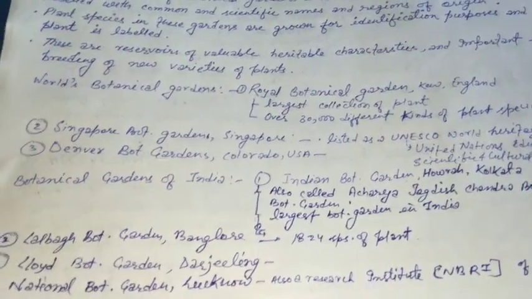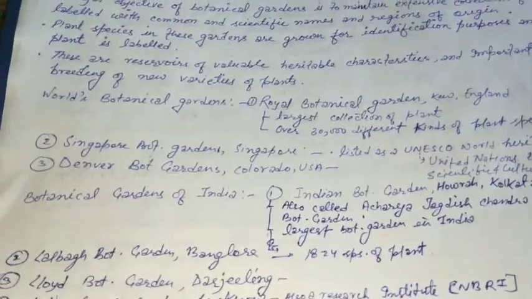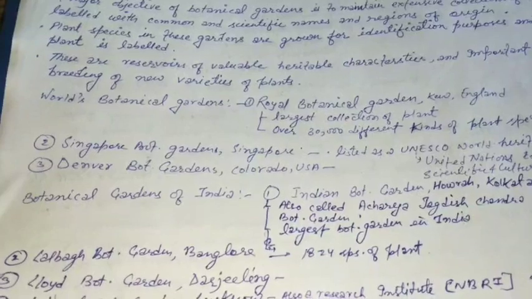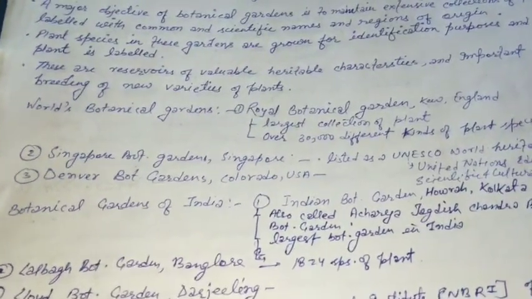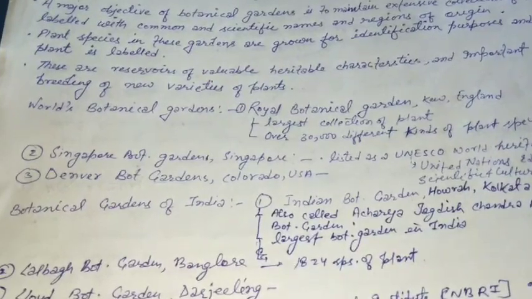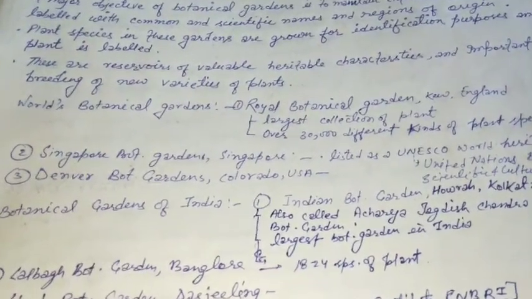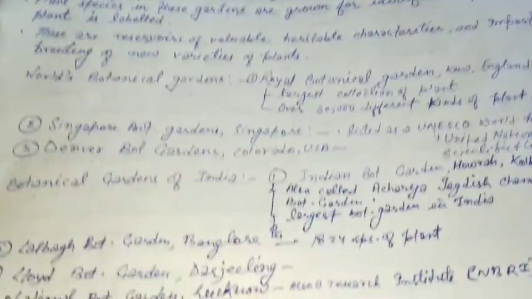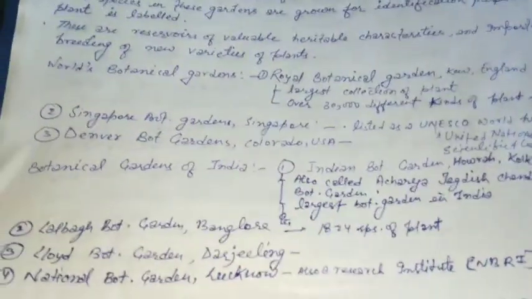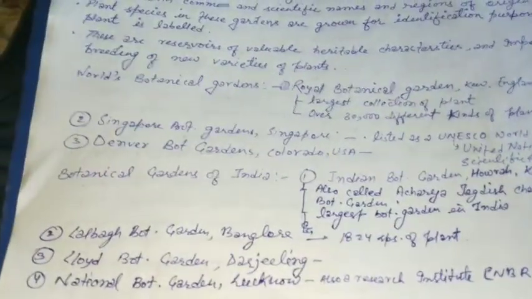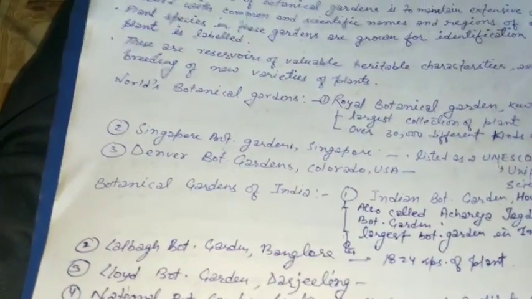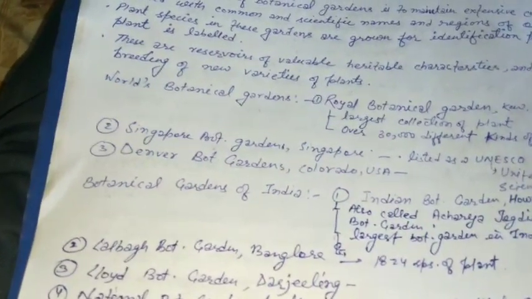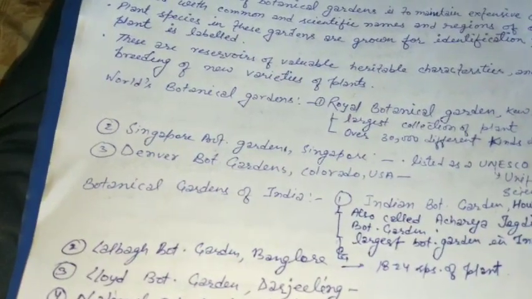The land of this botanical garden was donated by William Lloyd, so it is named Lloyd Botanical Garden after William Lloyd. It also has many attractions like the orchid house, the glass house, the palm house, etc.